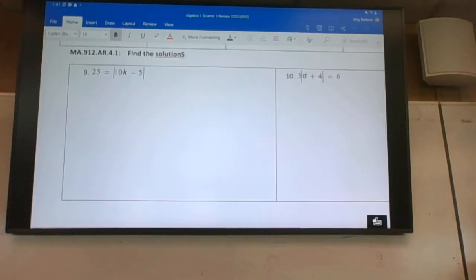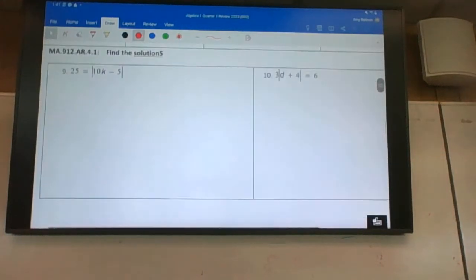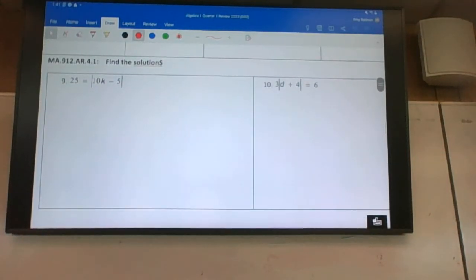All right, please make yourself a little note, and then tomorrow in sixth period, be sure to study this. Absolute value oftentimes has two solutions. Study that.